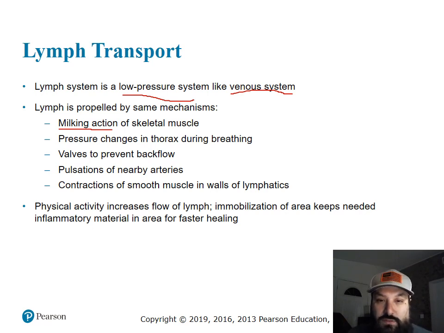Pressure changes in the thorax when we breathe, okay, can cause those major vessels and the major ducts to deposit or bring the actual fluid into the heart itself. They also have valves, okay, in the same regard as the vein system, valves as well.